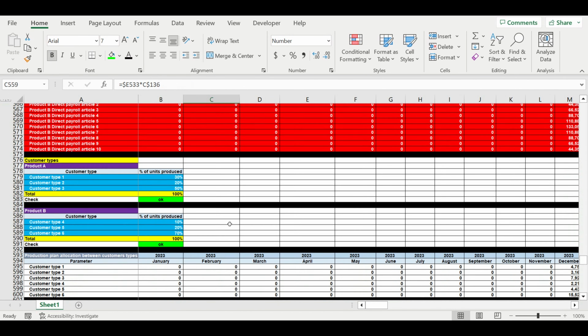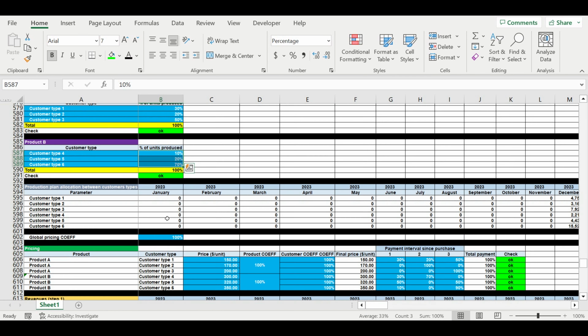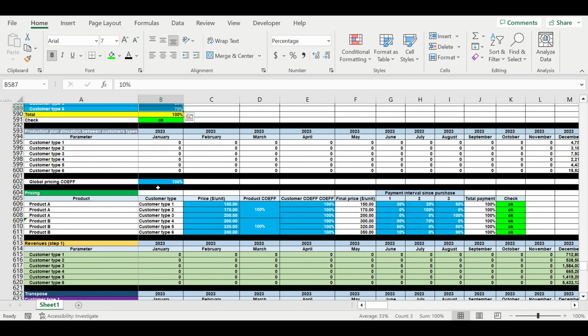Then we start moving to pricing. So for product A we have 3 types of customers. Then we allocate the production plan, the amount of units that we produce, between 3 types of customers for product A and for product B. Then we have a global coefficient for pricing.